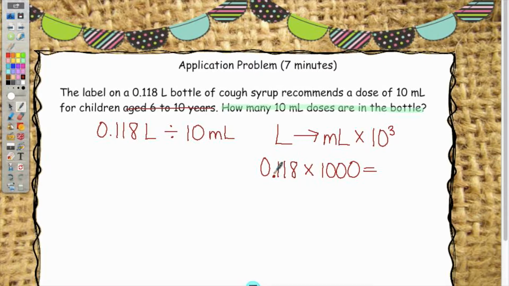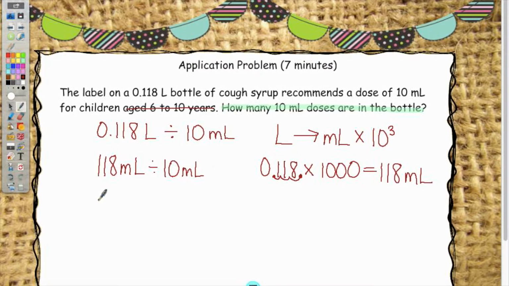Move it to the right how many places? 1, 2, 3. So my answer in milliliters, 118 milliliters. Now I can divide by 10. So 118 milliliters divided by 10 milliliters. So divide it into 10 milliliter doses.